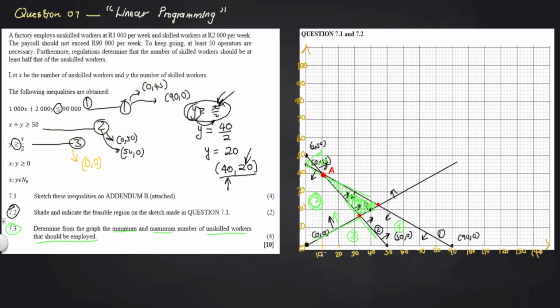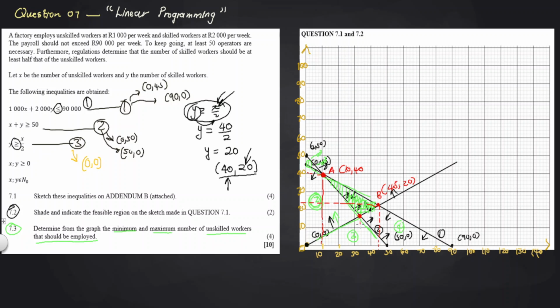The coordinates for A are 10 and 40. Let's call this B. It seems like it's 45 and then 20. I'm plotting to scale, but it should read 20.